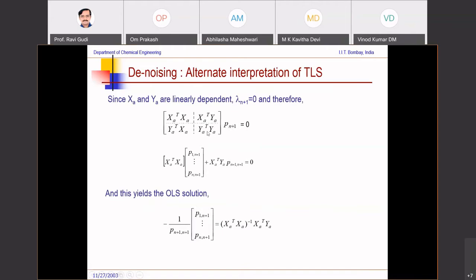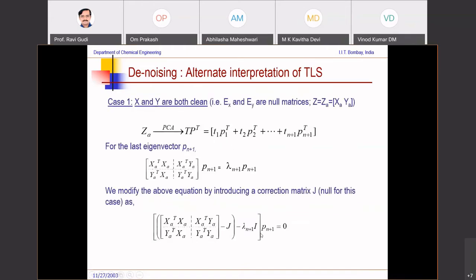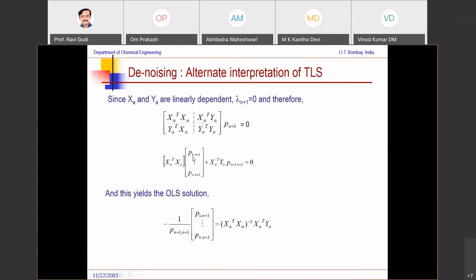Okay. If I now rearrange this further, because this n plus 1 vector Pn plus 1 can be written in terms of its individual elements P1 n plus 1 up to Pn n plus 1. If I now do this and I open it up, it becomes this.